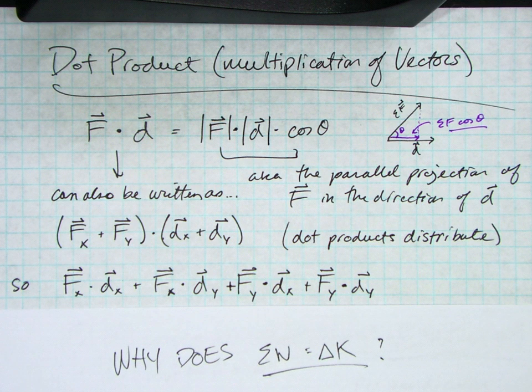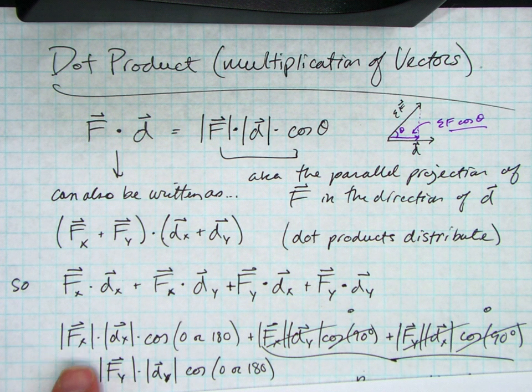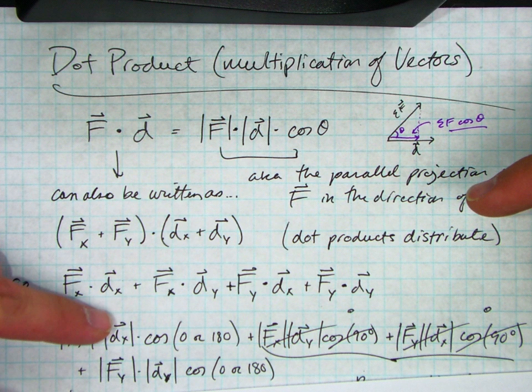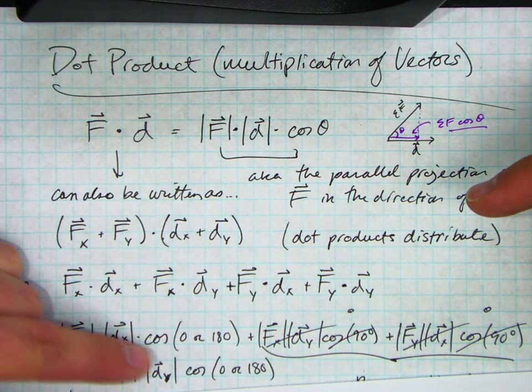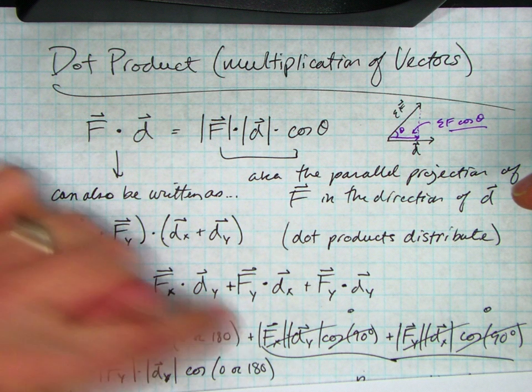Now, what does that boil down to? Let's start here. For each of these, you get the magnitude times the cosine of the angle in between. For my Fx times dx and my Fy times dy, the cosine of the angle in between those is either going to be 0 or 180 degrees.